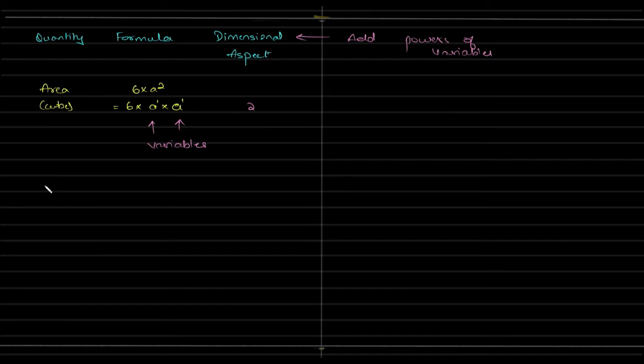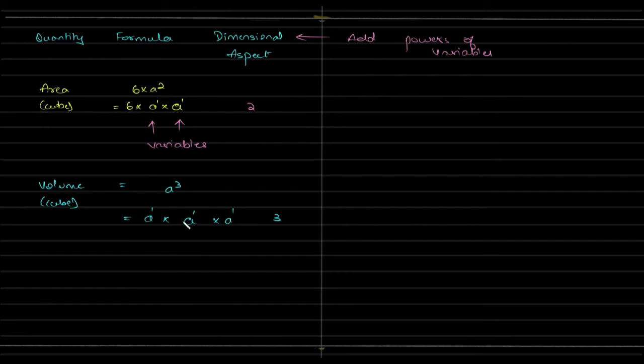While your volume of the cube, which is equal to a cube, is nothing but a into a into a. So here the powers add up to what? 1, 2, 3. Is it not? Cube, basically. So you can see that dimensionally also the formula will make sense.